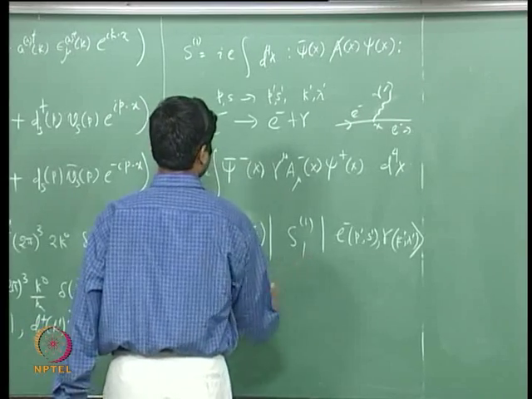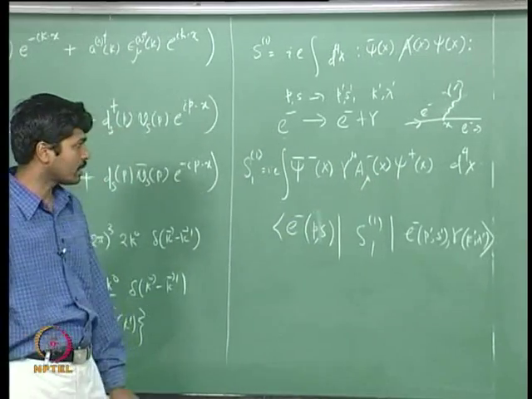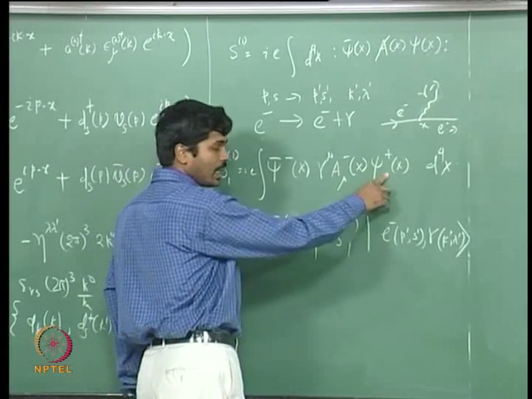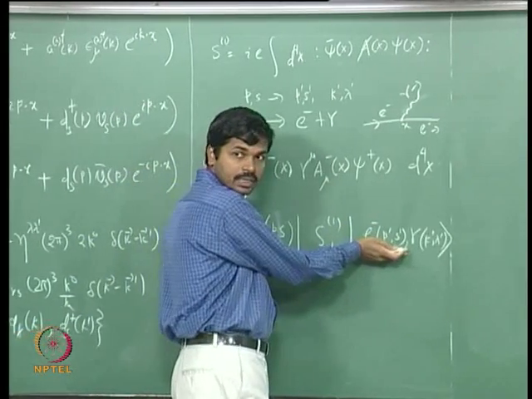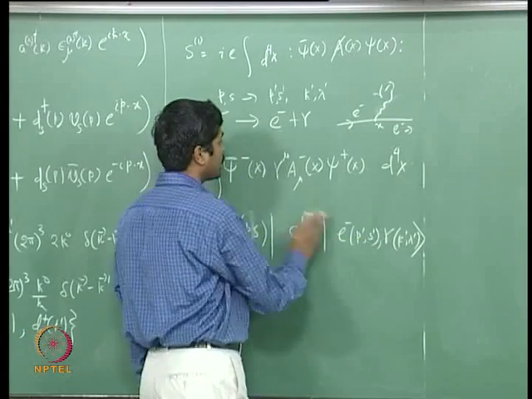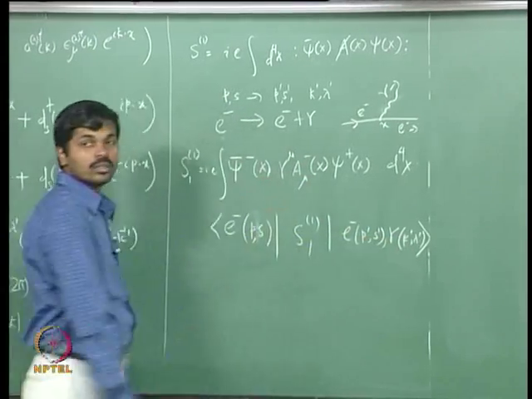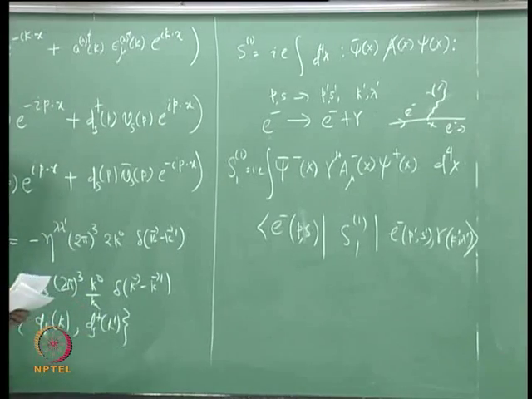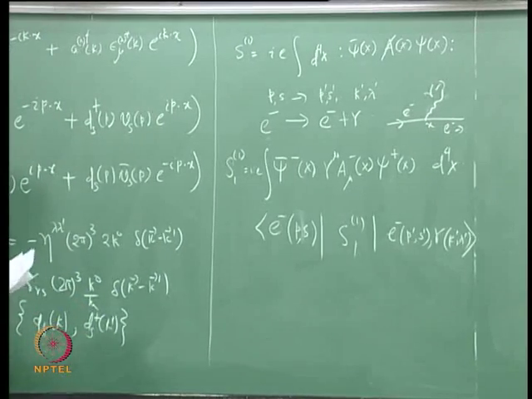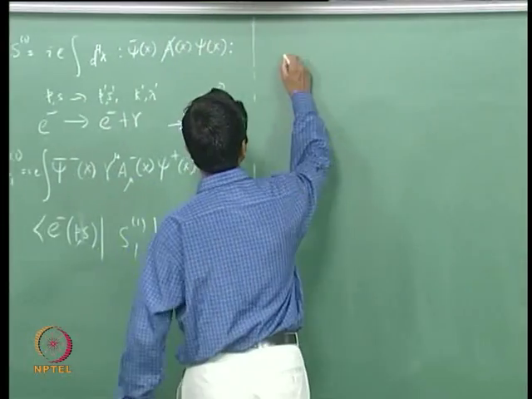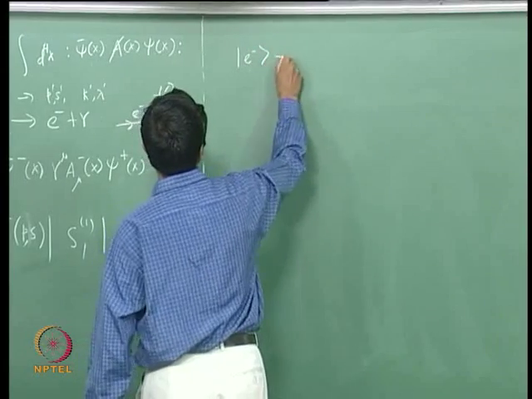So, naturally we need to evaluate what happens when the psi plus acts on these states, and A mu minus acts on these states, and so on. This is what we need to know. All right. So, to do that, let's look first at the electron state.